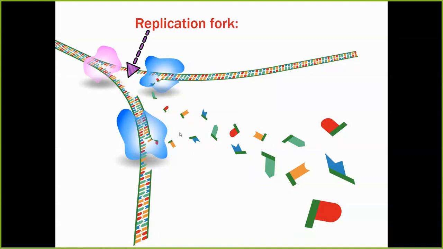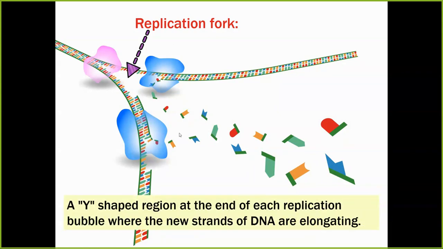And I don't remember if I put this picture in for you or not, or something similar to it. But the replication fork is just this Y-shaped region at the end of each replication bubble where the new strands of DNA are elongating.